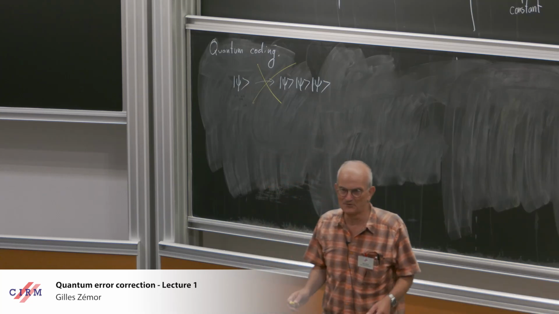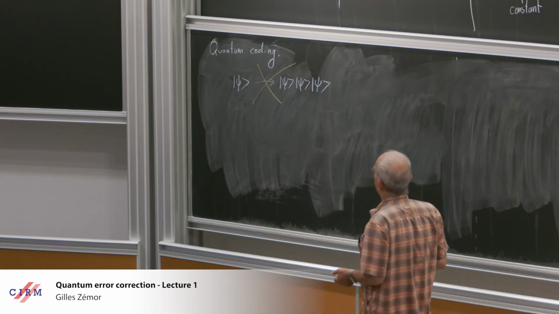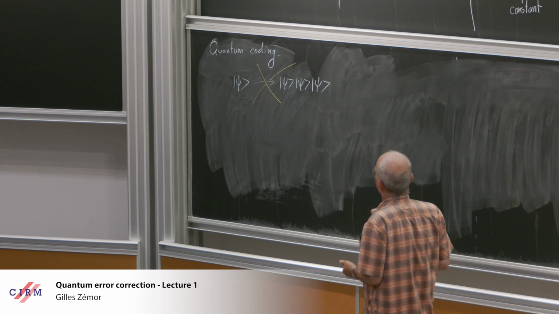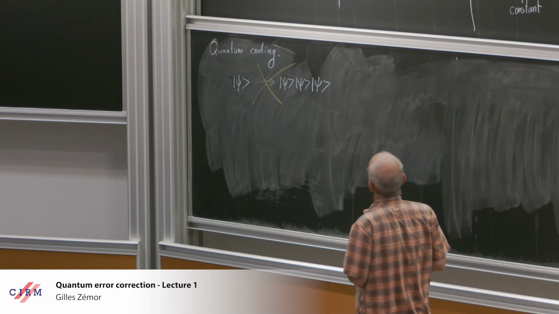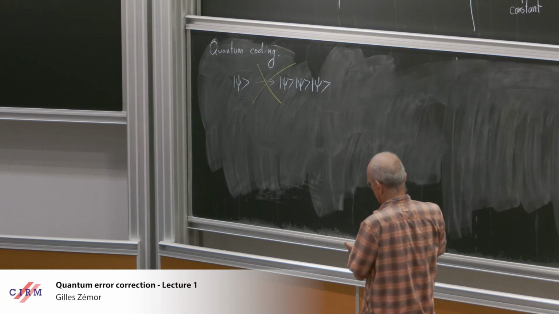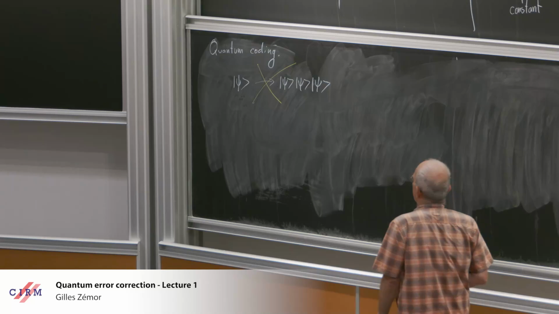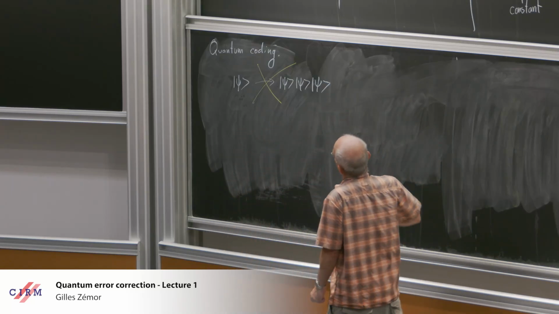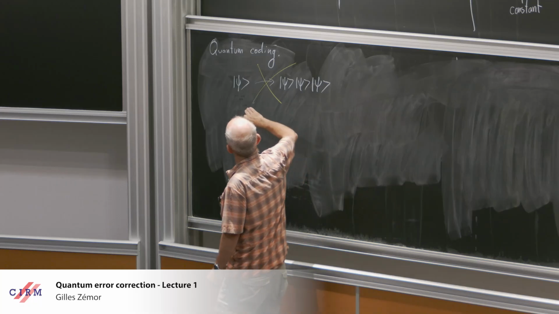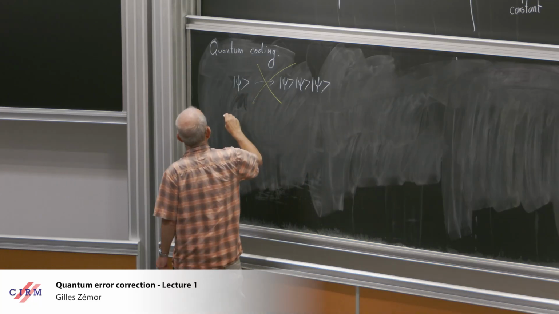It rules everything out. But it turns out that, no, you can actually correct errors in the quantum setting. So to start with, you can do something which is a little more modest than this.